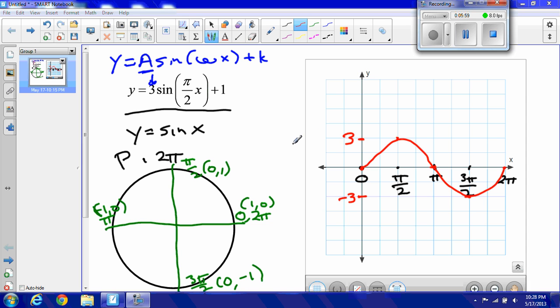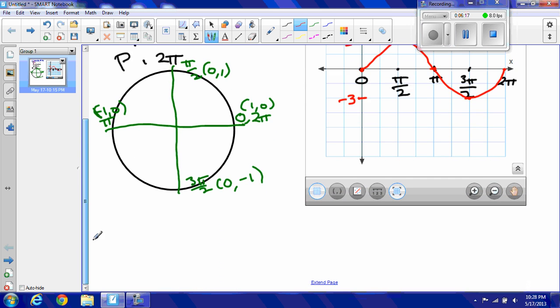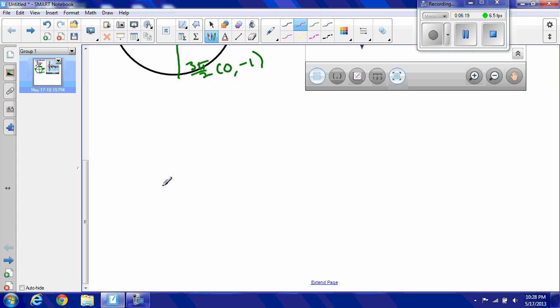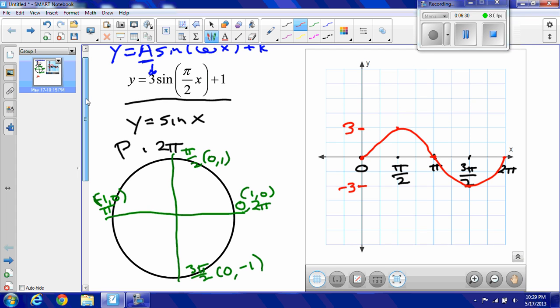Now, the next thing I need to be concerned about is the period of my graph, because as I explained in a prior video, the omega here is what's going to change the period. The way that I figure out how much my omega is going to change the period is I take the period of the parent sine function, which is 2 pi, and divide it by my omega, which, as you can see, is pi over 2 right here.